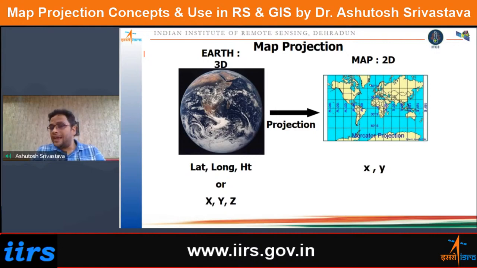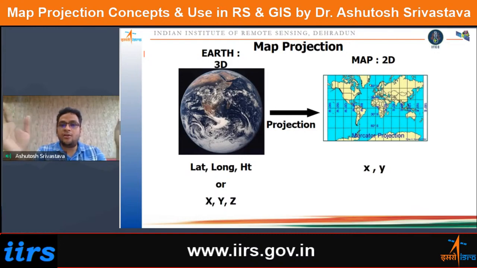Now, for various analyses, like preparing different thematic maps, we have to convert this three-dimensional geometry onto a two-dimensional map. The transformation or conversion from three-dimensional to two-dimensional geometry is called map projection.